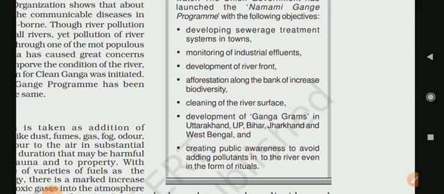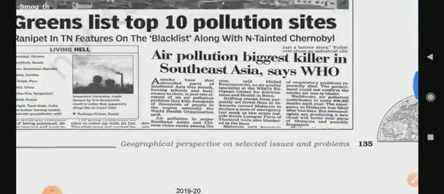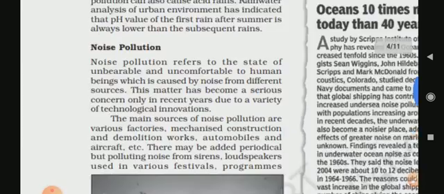These are the main objectives. How can we keep the Ganga river clean, right?